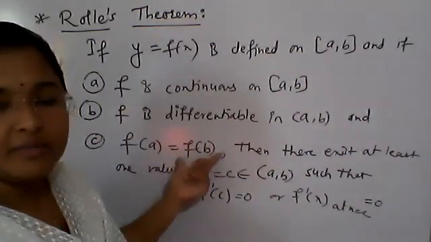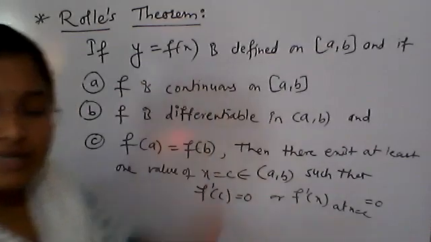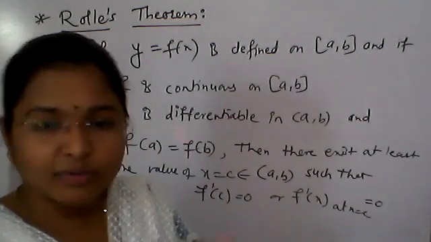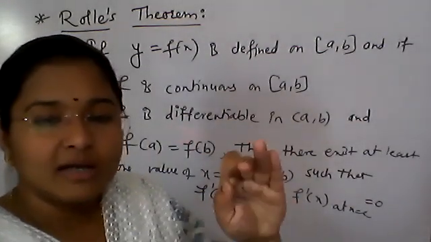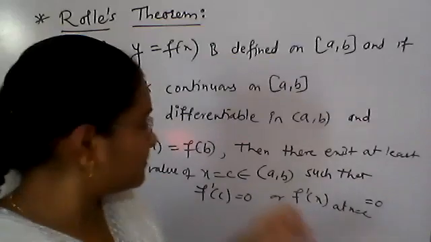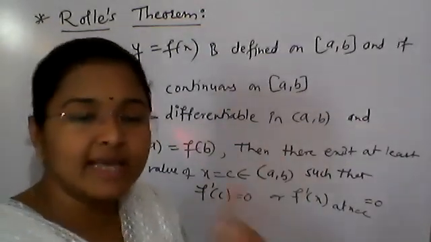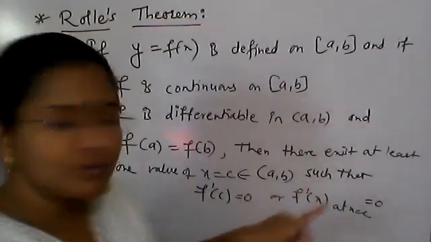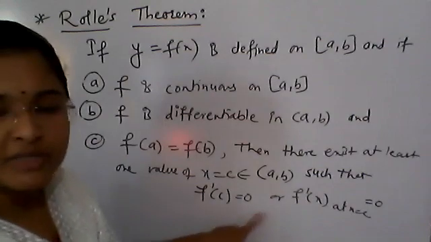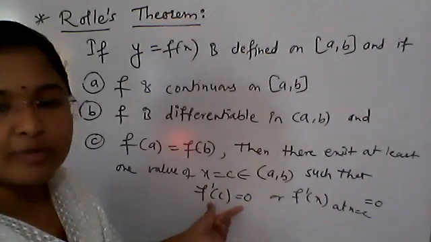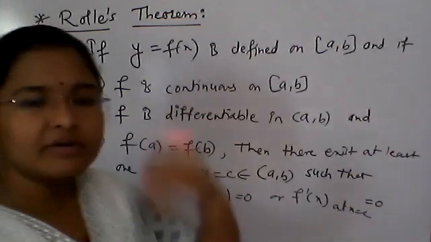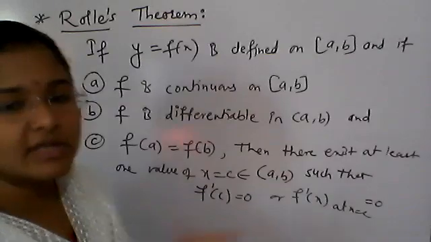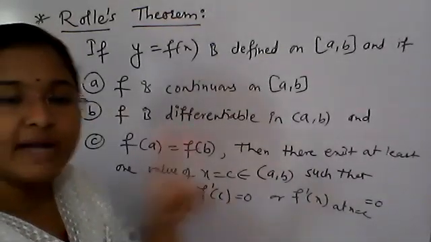If both are equal, then we can write the given function satisfies the condition of Rolle's theorem. Therefore, there exists a point c belongs to a comma b, point x equals c, which belongs to the open interval 1 comma 2, and you have to write here f dash of c equals 0. Whatever function you get, you differentiate that function and put x equals c, then find the value of c.